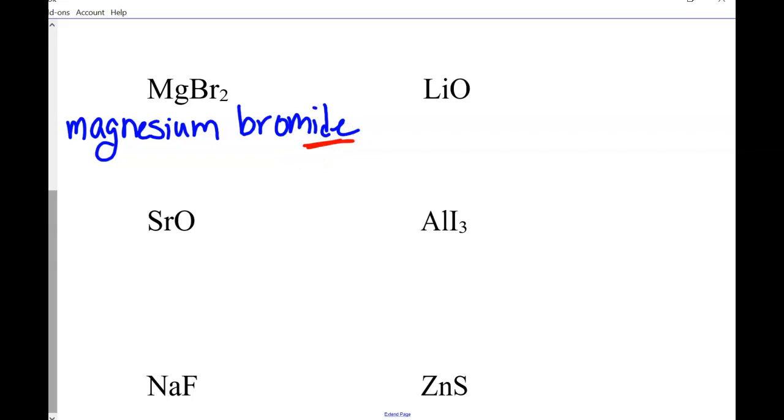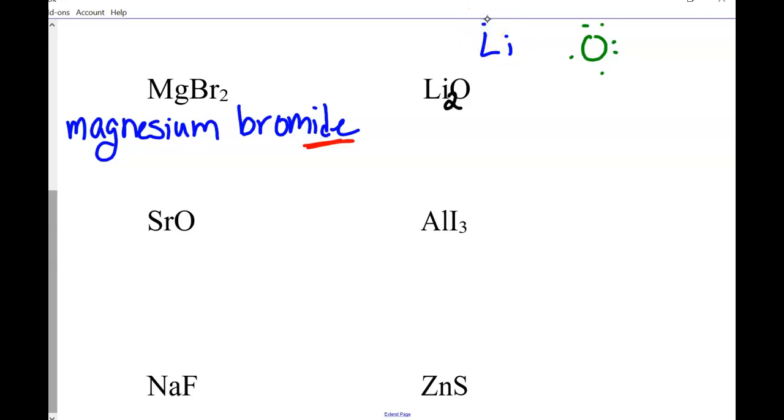All right, let's do our next one, LiO. Ooh, there's a typo here. This should say Li2O. And I know that because oxygen has 6 valence electrons, and lithium only has 1 valence electron.